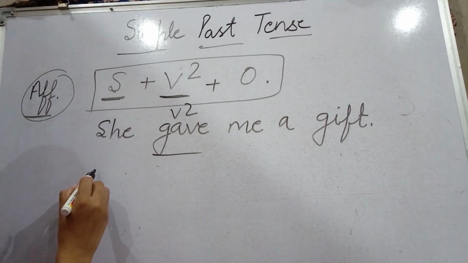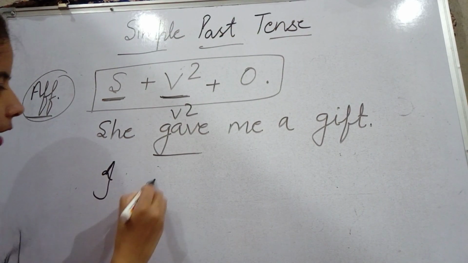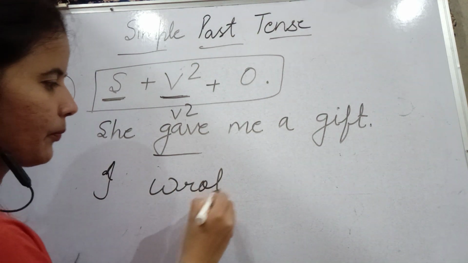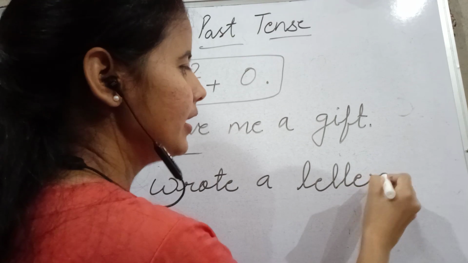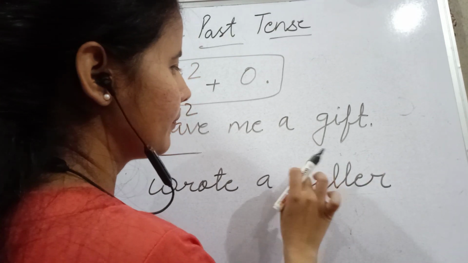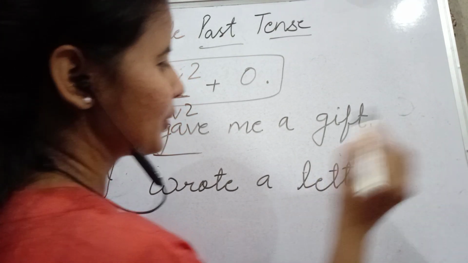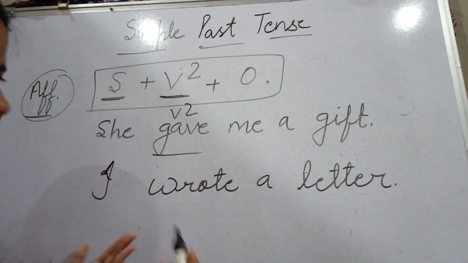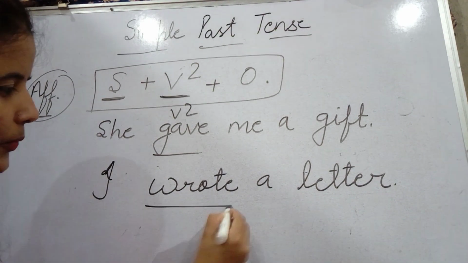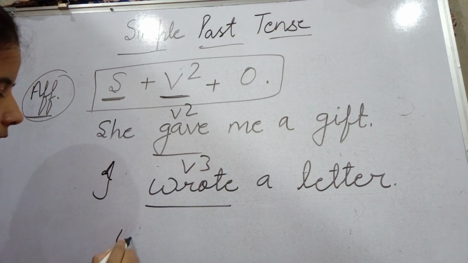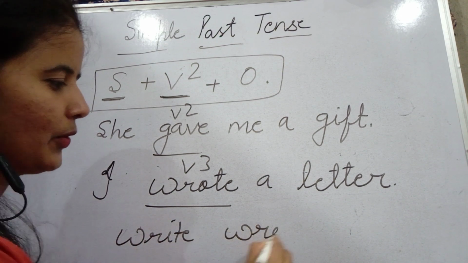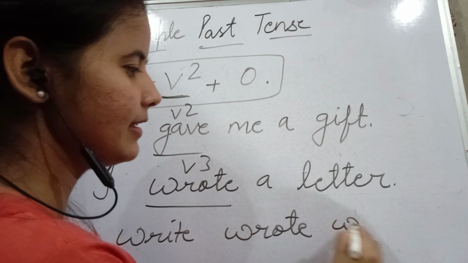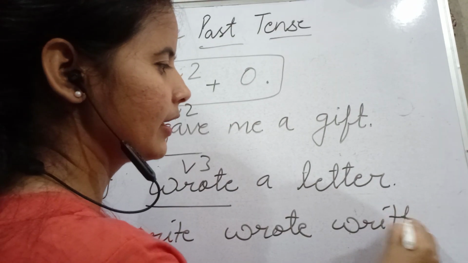The next one is like: I wrote a letter. I wrote a letter. So what did I use here? V2. You can see, write is V1, wrote is V2, and written is V3.